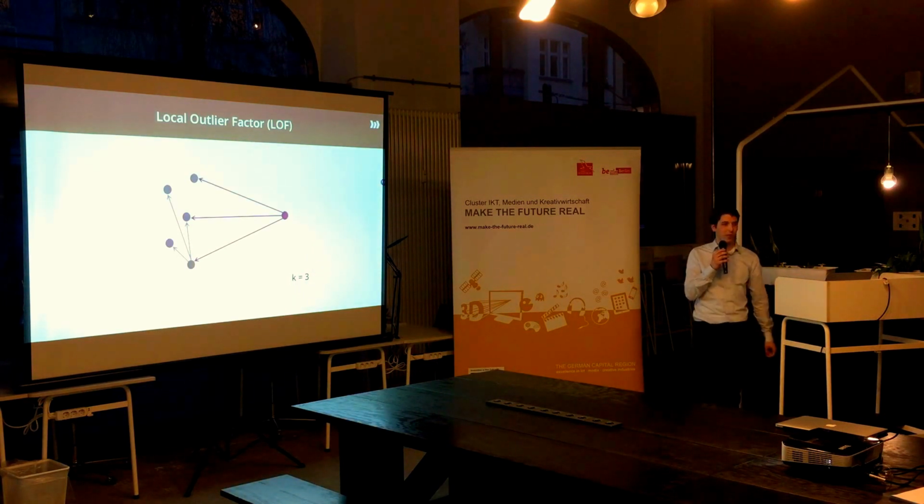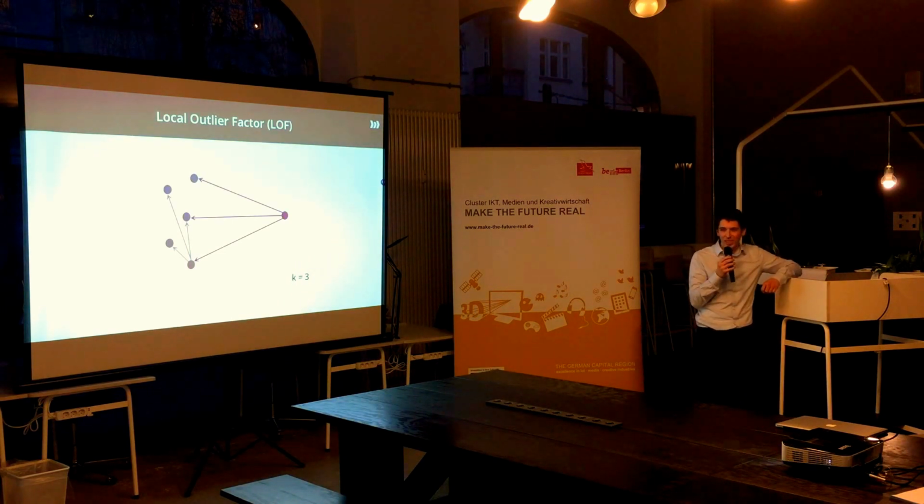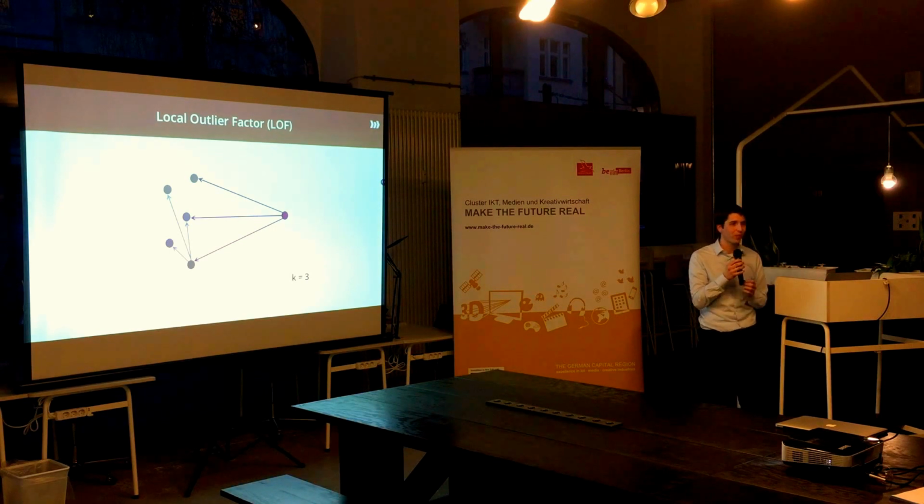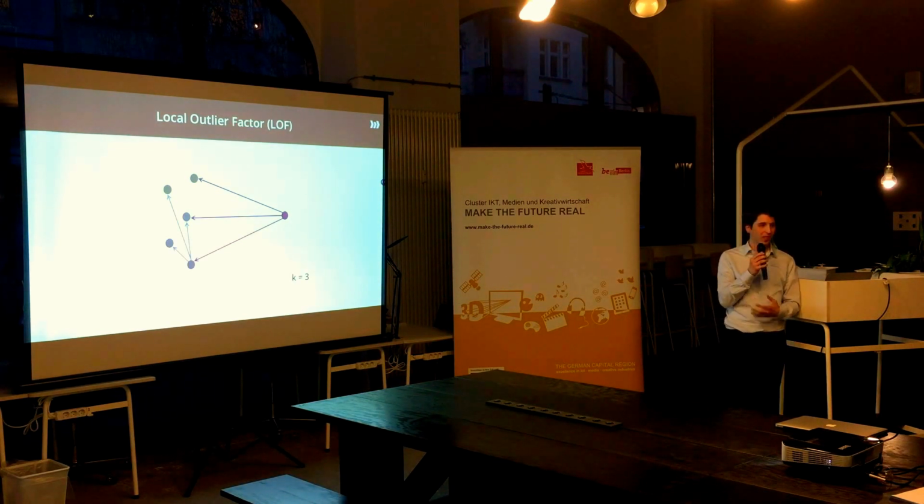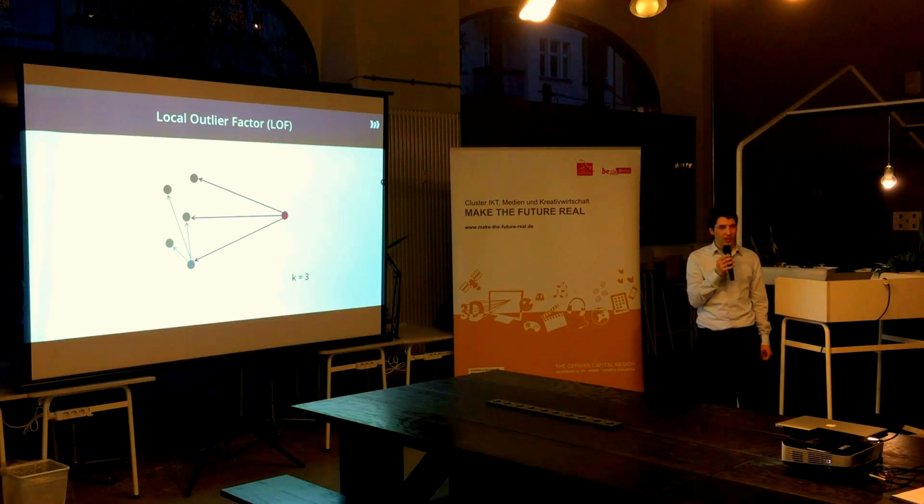The other parameter here is k, so you have to think about how many neighbors to take into account. If k is too low, as in the example before, and you have a lot of outliers in one place, which happens more often than you would hope, then you won't detect them. On the other hand, making k big becomes computationally very expensive, because computing the k nearest neighbors is a hard problem.